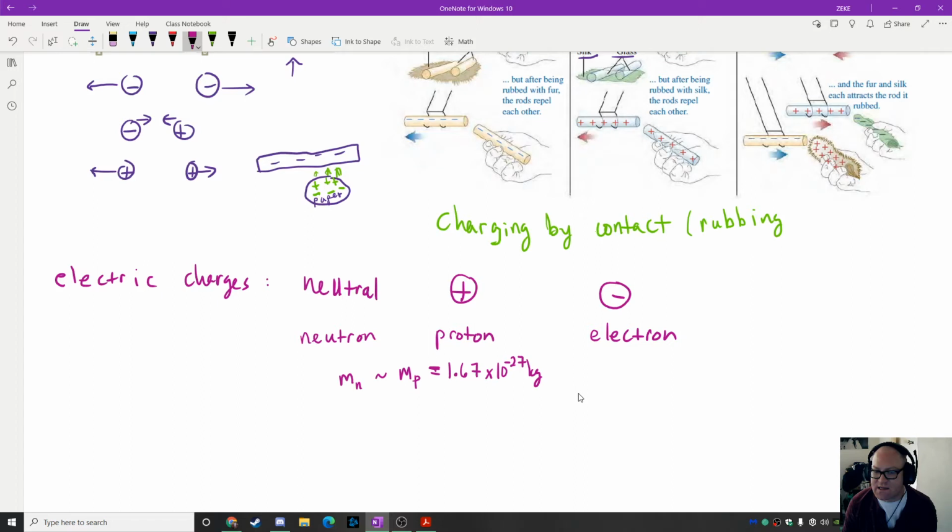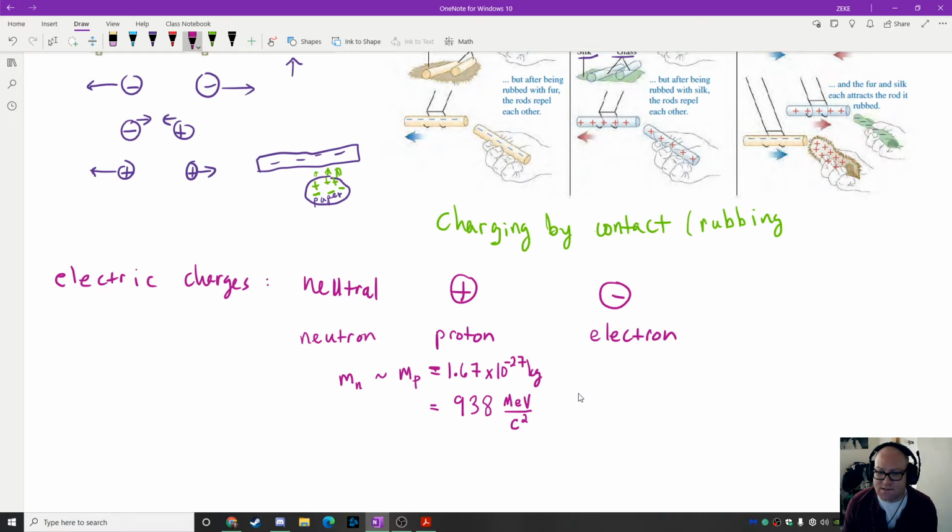There are other units we use for these things. One unit we would also use is this one, 938 mega electron volts divided by the speed of light squared. This is a weird unit if you've never seen it before. I believe this is the right number. It's about 1 GeV.